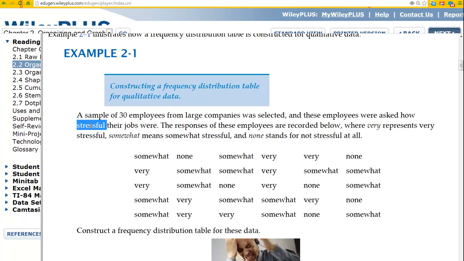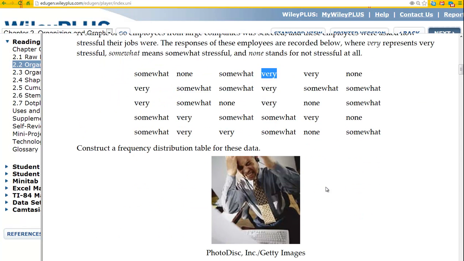Okay? And what are the values that this stress level can take? We're only allowing 3 values: somewhat, none, and very. Okay? So now we have the variable and the levels, and now we want to make the frequency distribution, which means we want to count up how many are in each category, or how many are in each level.